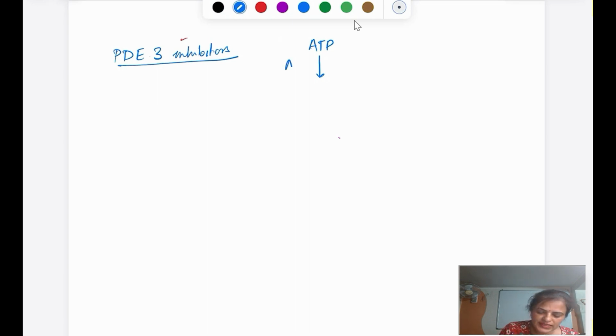So this adenyl cyclase is going to convert ATP into cyclic AMP. Now this cyclic AMP is going to cause the phosphorylation of protein kinase A, and this further is going to cause the phosphorylation of many enzymes, many transporters at different sites, and perform many actions.